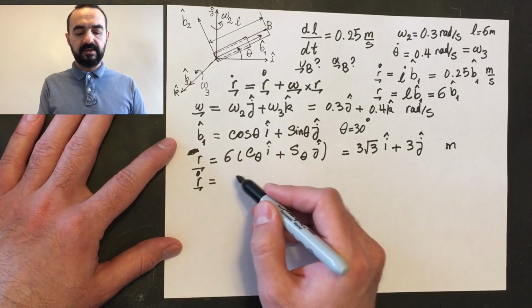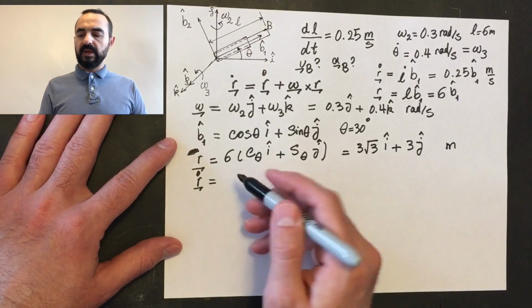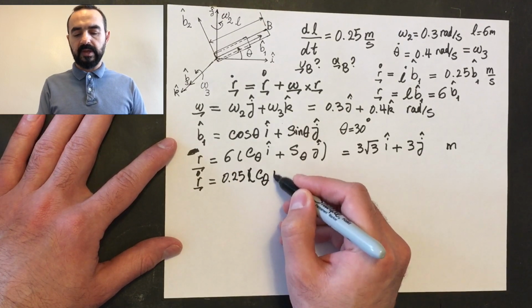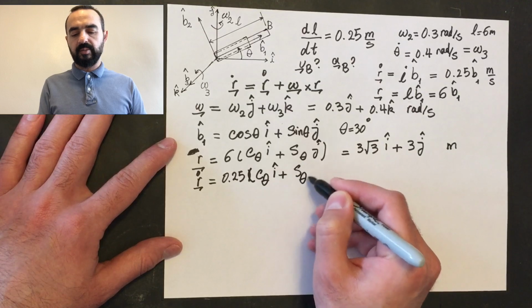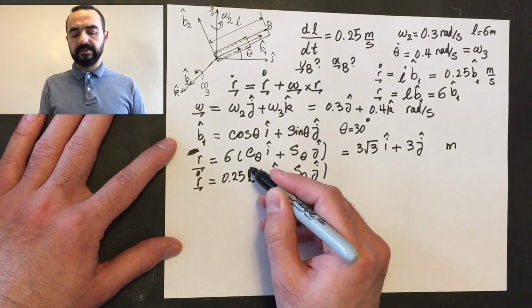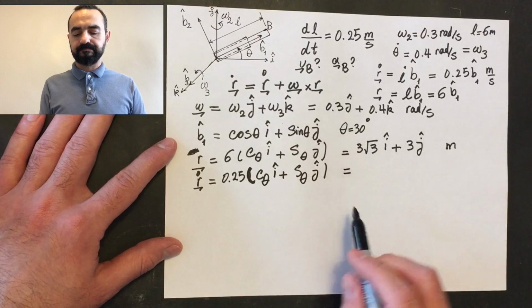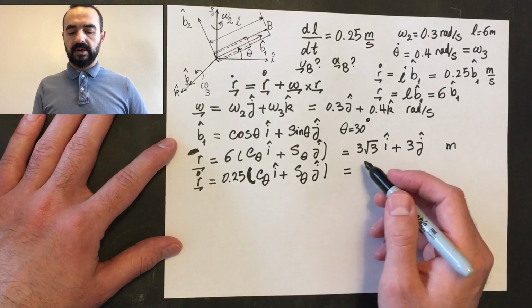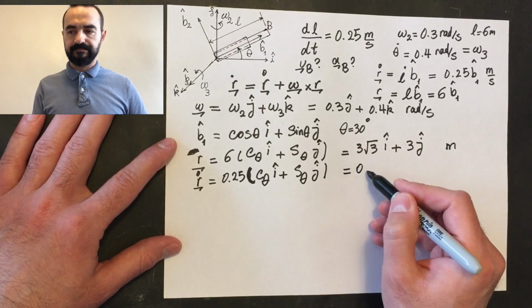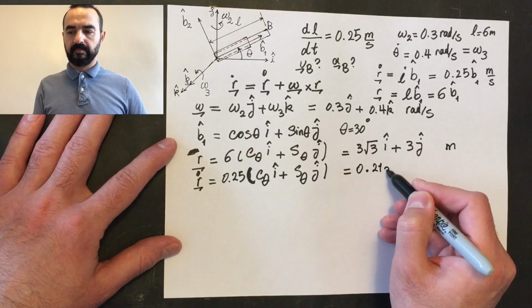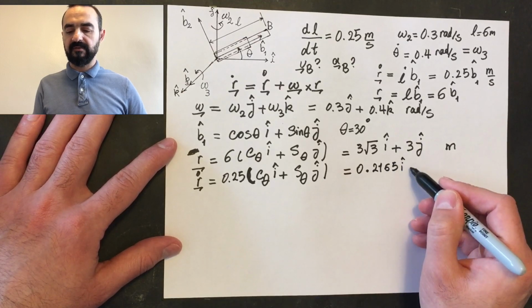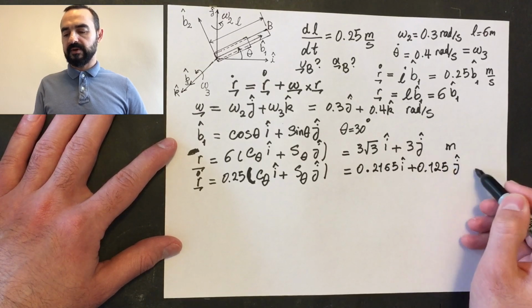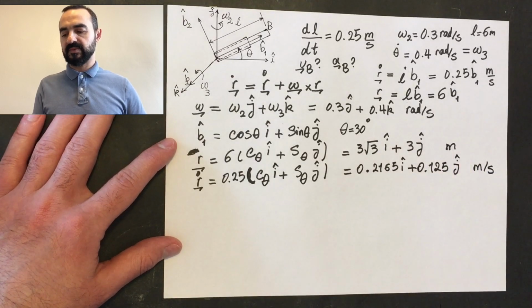So r circle is equal to 0.25 times cosine theta I hat plus sine theta j hat. Again, we have theta, we simplify these terms and get 0.2165 I hat plus 0.125 j hat, and this is my velocity.